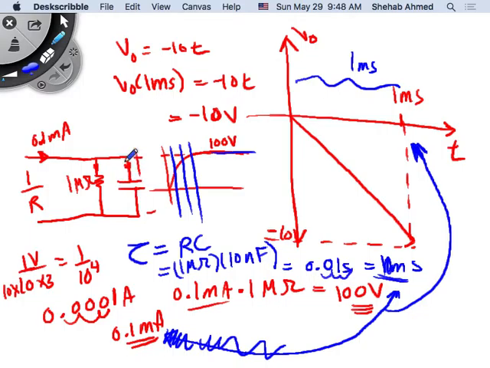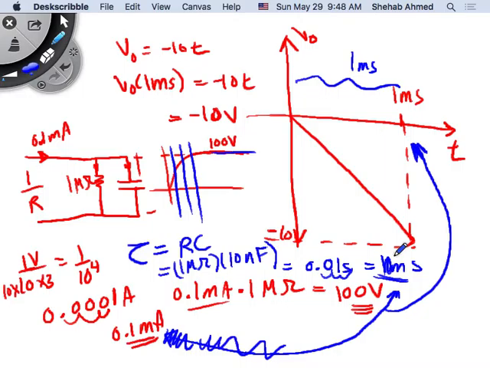My circuit time constant, that would bring the voltage across my capacitor to 100 volts, meaning the output voltage would be minus 100 volts, is 10 milliseconds. Okay? So did I reach that time?